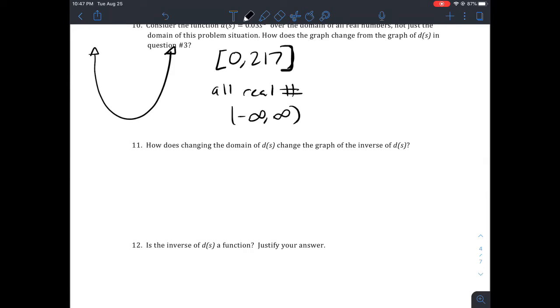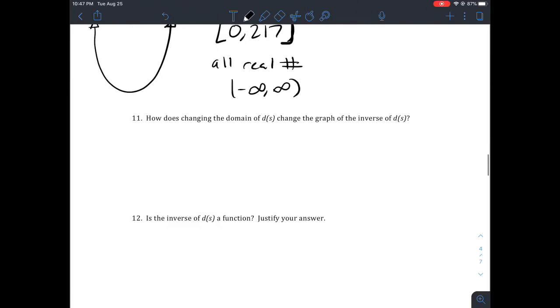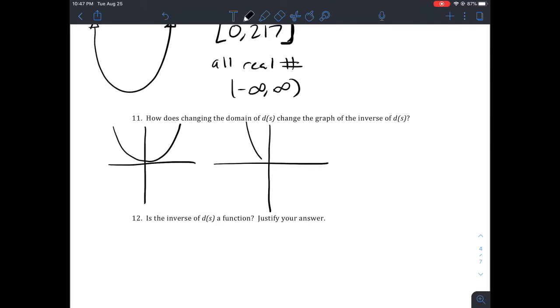So next it says, how does changing the domain of d of s change the graph of the inverse of d of s? All right, so before we only had half of our parabola, right? Now I'm going to go ahead and draw in the entire parabola. Now, if we wanted to draw the inverse of this function, that was a pretty bad parabola.